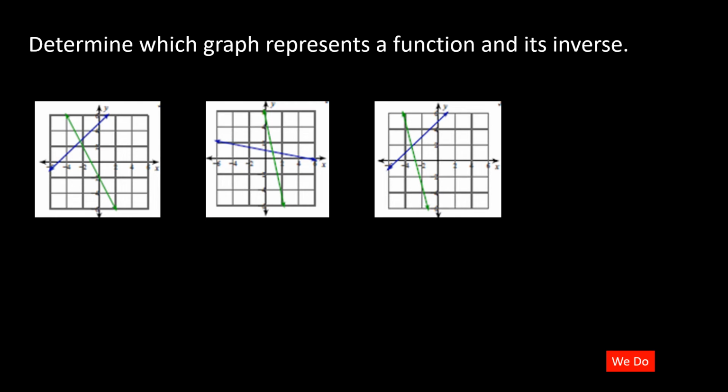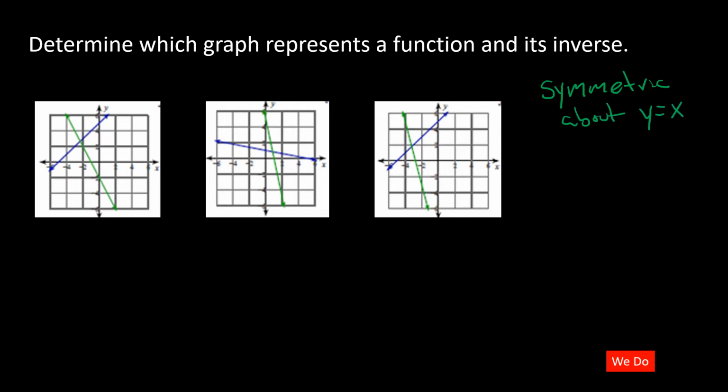So let's look at this one here. Determine which graph represents the function and its inverse. So I'll tell you this right now, there are 3 graphs here. Only one of these has an inverse. And the way we can check inverse is they have to be symmetric about y equals x.